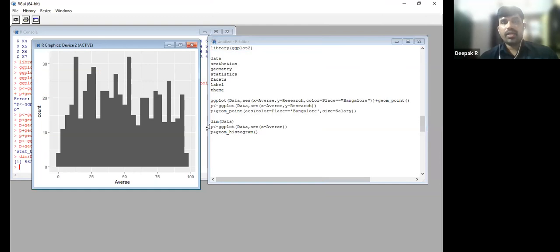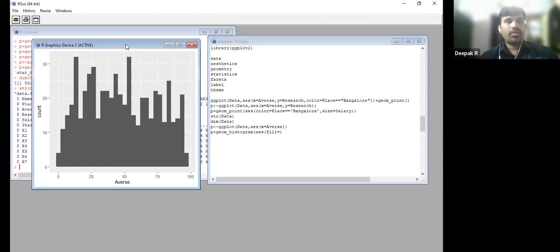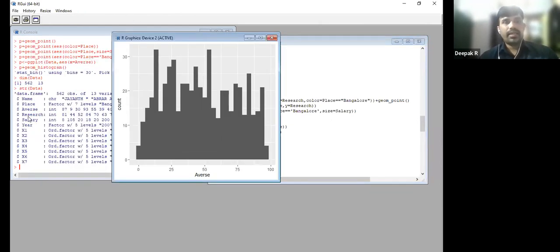Now if I specify the aesthetic layer, the fill, and take once again the structure so that I know the names, I have salary as well as research, and I have the place also.